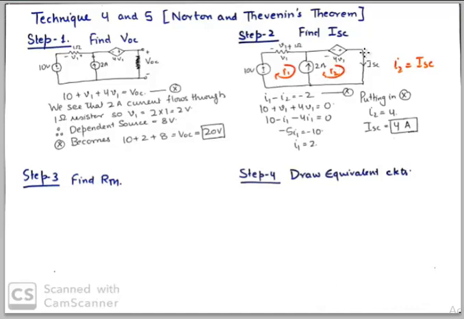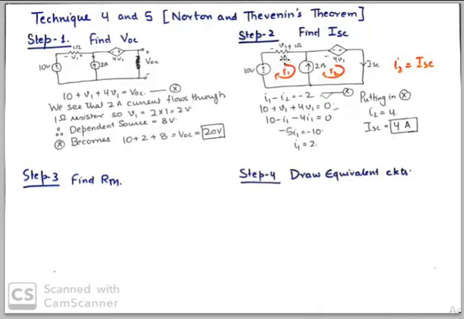And for ISC, I've shorted this load. You've seen that this 5 ohm resistor is taken out, and I've shorted the terminals of the 5 ohm resistor, and the current through that shorted path will be known as ISC. That is what we strive to find out, and we can find that out using mesh analysis again by inspecting I1 minus I2 is minus 2, and in this super mesh 10 plus V1 plus 4 V1 is equal to 0.